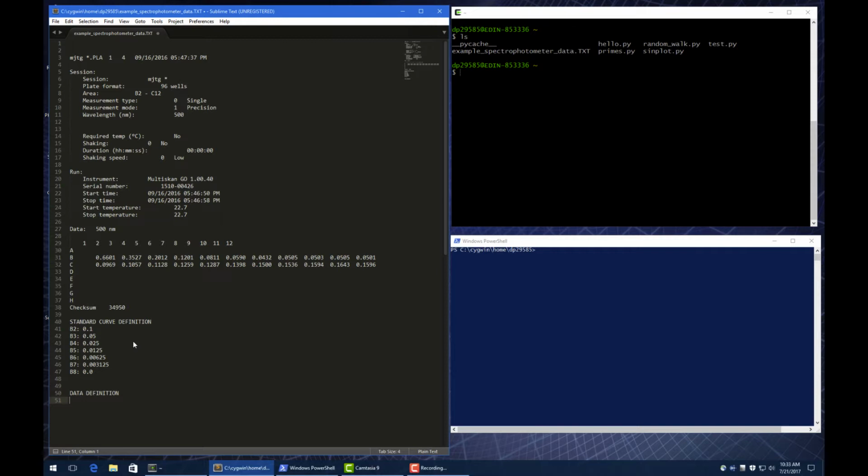I'm going to do the same thing with this data definition, where we know that these readings are based on time. So in C2, that's at 1 minute. C3 was at 2 minutes.